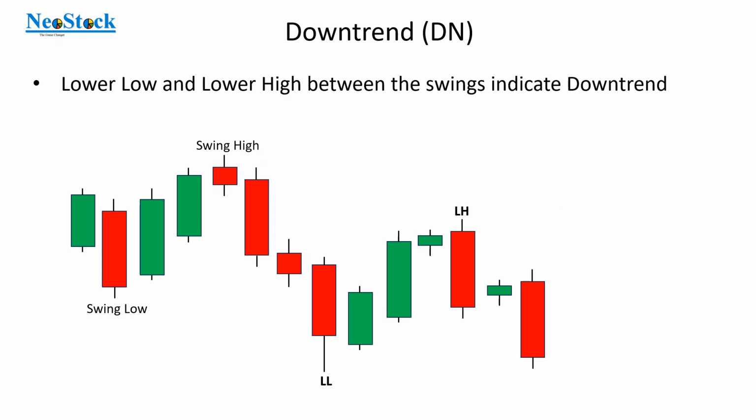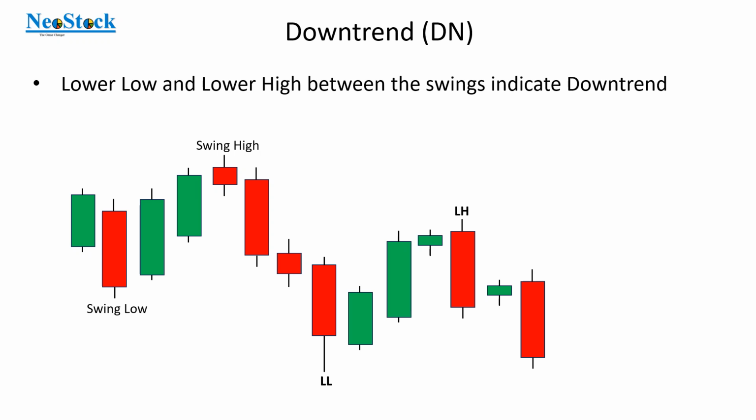So between the swings, if lower lows and lower highs are maintained, then it is called a downtrend. That is what we have specified here. Lower lows and lower highs are maintained between the swings in downtrend. So did you understand how to identify downtrend?